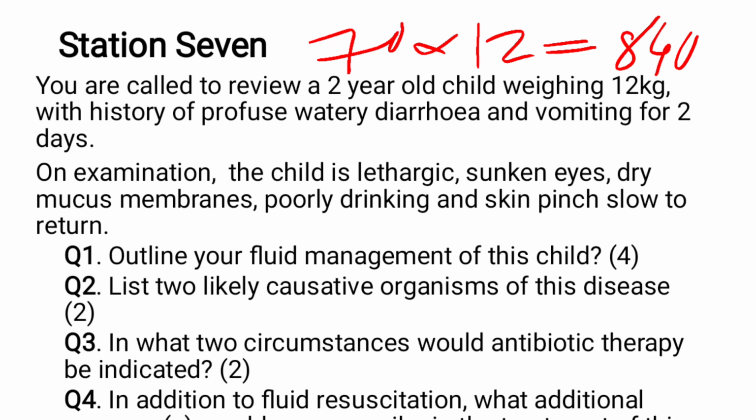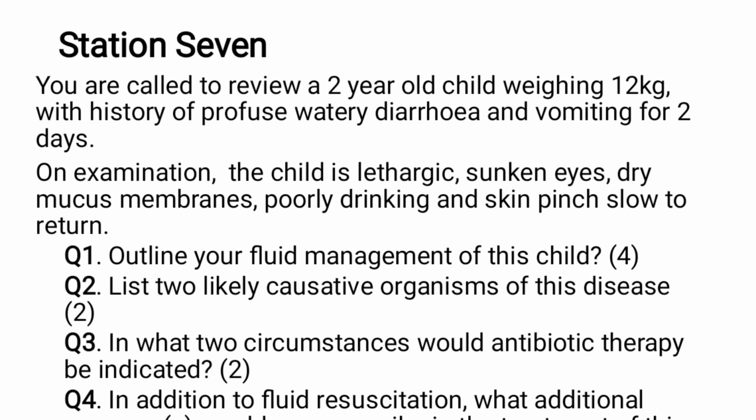This is Ringer's lactate because this is severe dehydration. So we are giving IV Ringer's lactate. We are going to give the 840 mls in 2 hours 30 minutes, because the first one we gave in 30 minutes. Then we are done with the fluid management of this child.